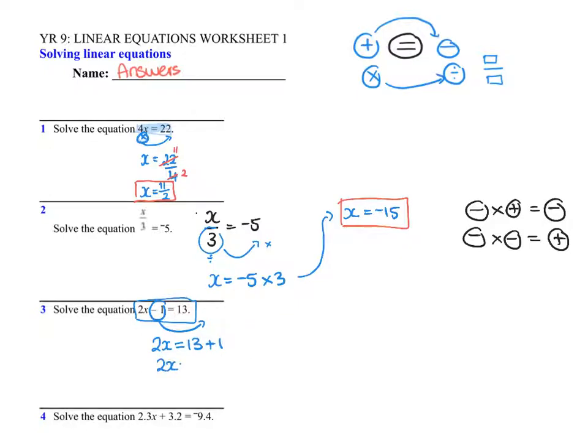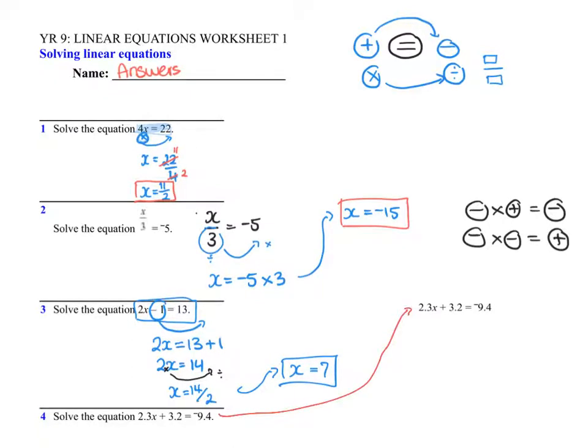So then if I can do that, I'll do it. So 13 plus 1 is 14. And so then once again, this 2 is timesing with the x. So if I move it over an equal sign, it will divide. So when I have x equals 14 divided by 2, which, sorry, you can do, which is x equals 7. And there's your answer.